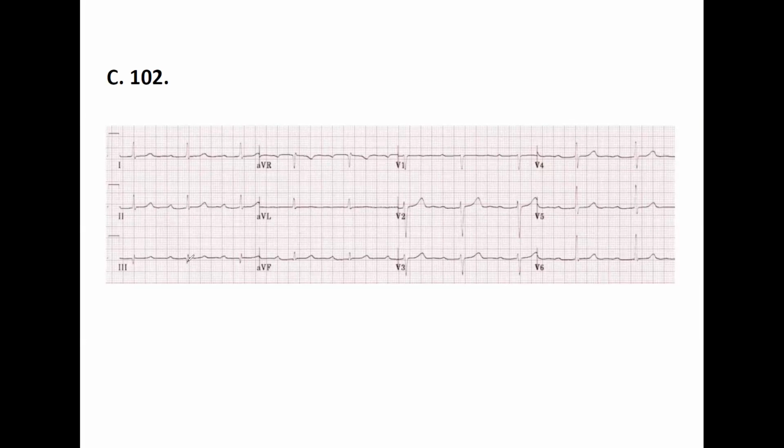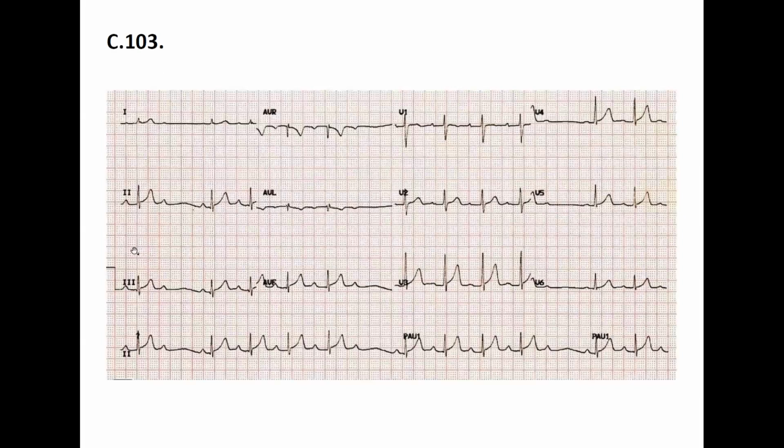Maybe it's 65 or 62, doesn't matter. Do we have P waves? Yes, we do have P waves. Again, the PR distance is very long. Lead one is positive, AVF is positive, so the axis is normal. If you look for the equiphasic lead, it is lead number three, so it has to be around 30 degrees. Okay, good. All right, 103.